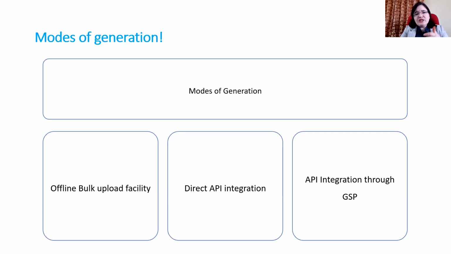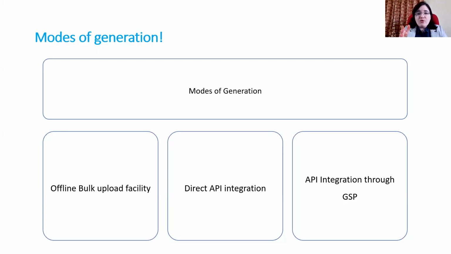If you are a service provider with only 3-4 invoices, then you can use the government tool, which is given offline for generating the JSON, and you upload it like GSTR-1. But please note that GSTR-1 is a monthly process, and e-invoicing is going to be a daily or real-time process. Whenever you generate an e-invoice, you have to report it to the government portal and then you get the QR code.